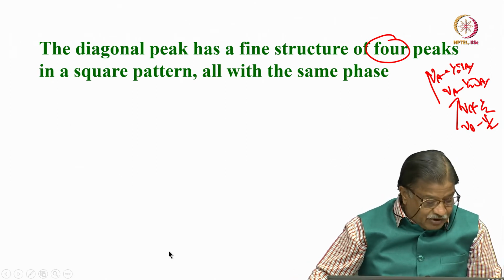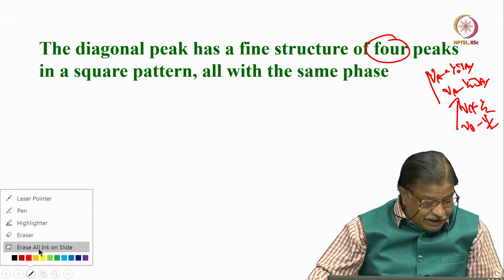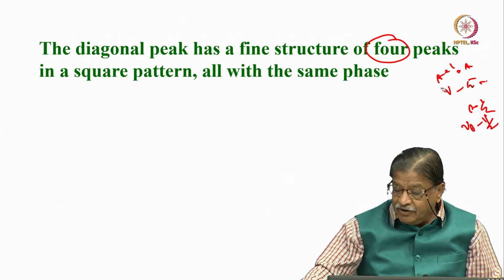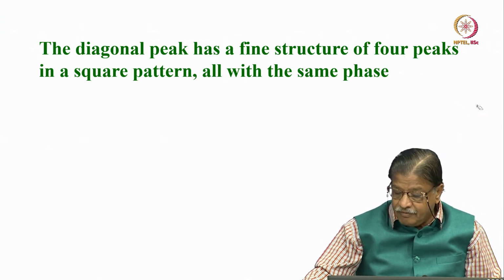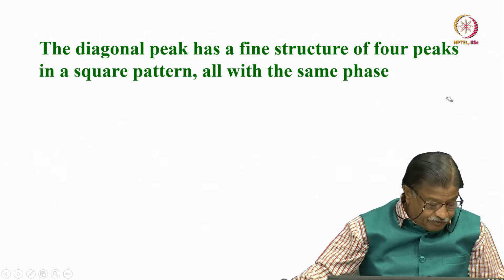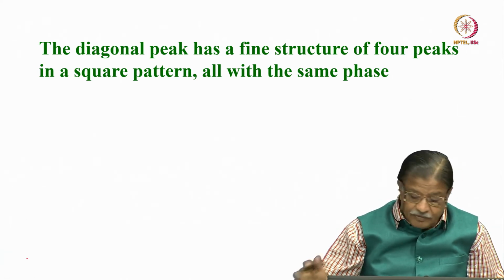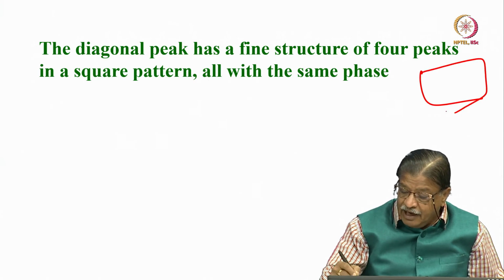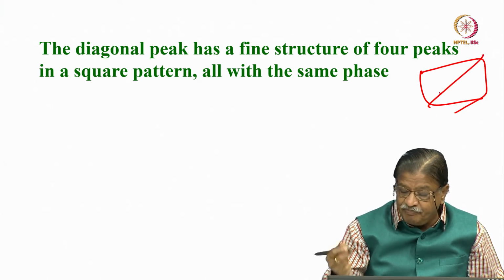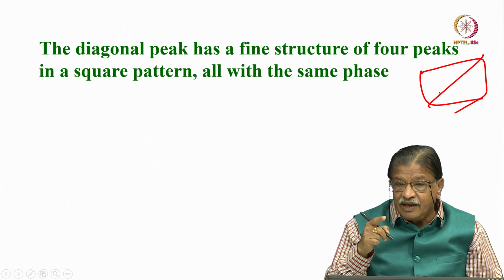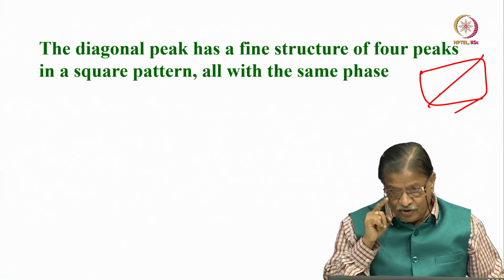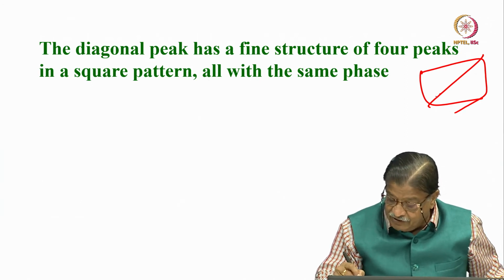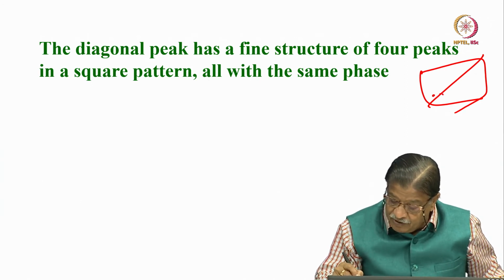So, I am going to write a diagonal peak like this. If I get a 2D spectrum, I am going to get a diagonal peak like this. I have a 2D spectrum here. Let us say I am concentrating on the spin A. Earlier I said it is resonating at the chemical shift of spin A. No. What happens is it will have one peak here, one peak here.